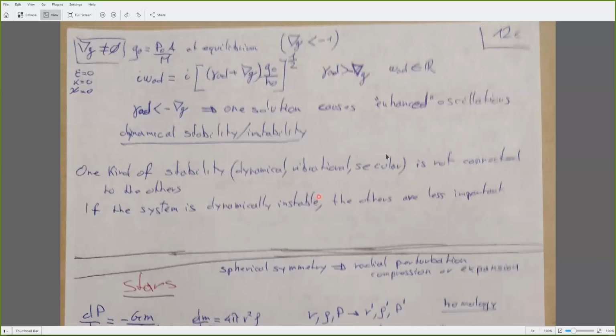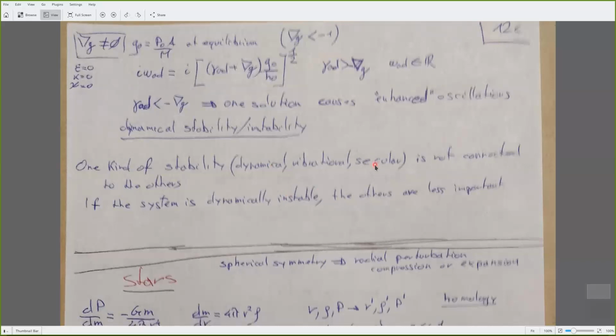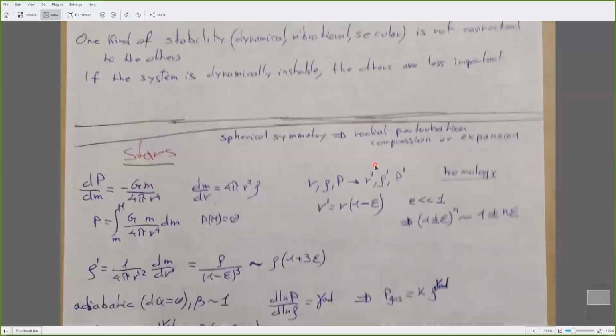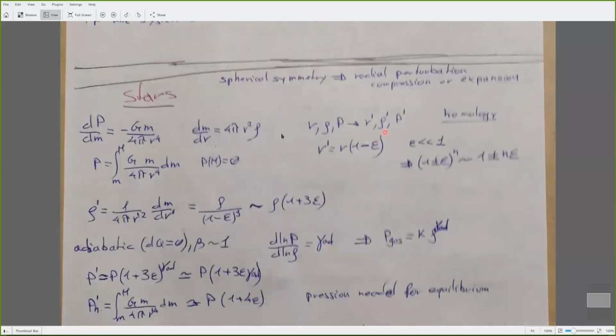So it's what is more important, what is stronger in effect.